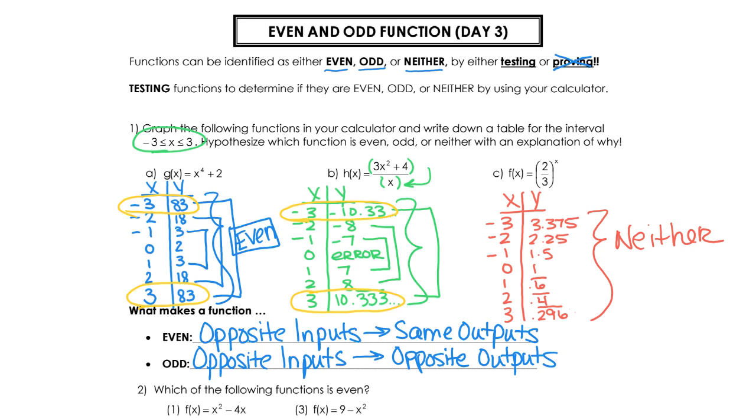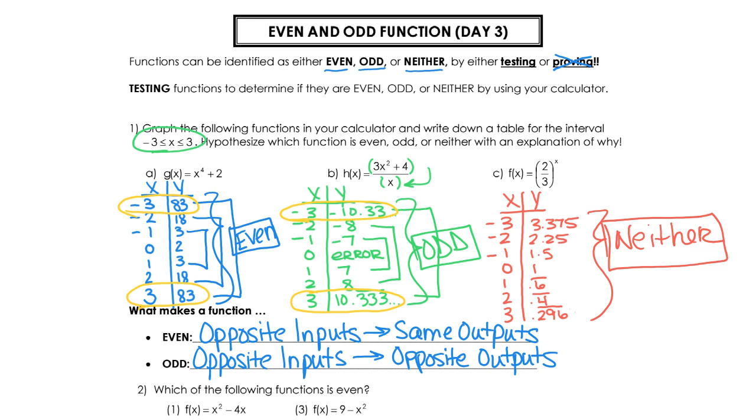And so that's what makes this odd. And if there's no pattern, that's how we get neither odd nor even. And so we're going to go ahead and explore some questions and see if we can figure out which functions are even or odd or neither.